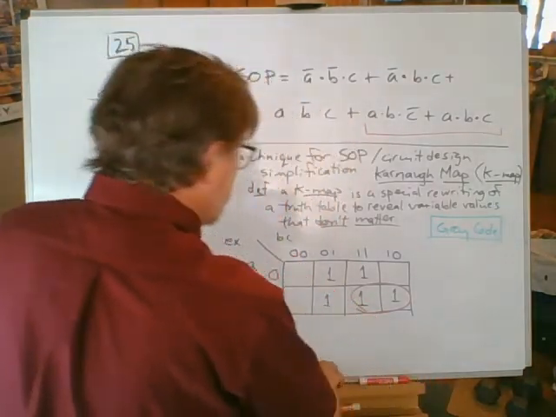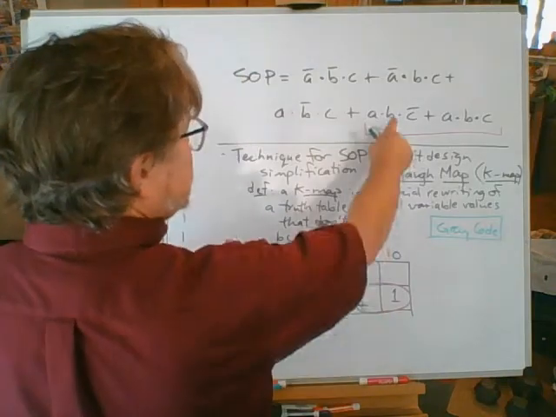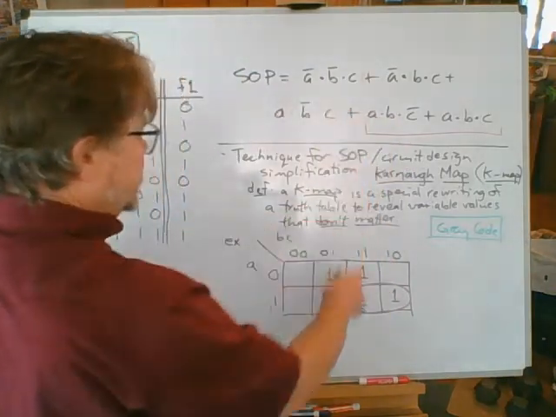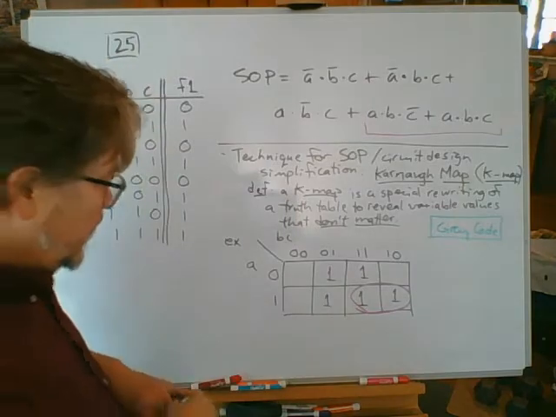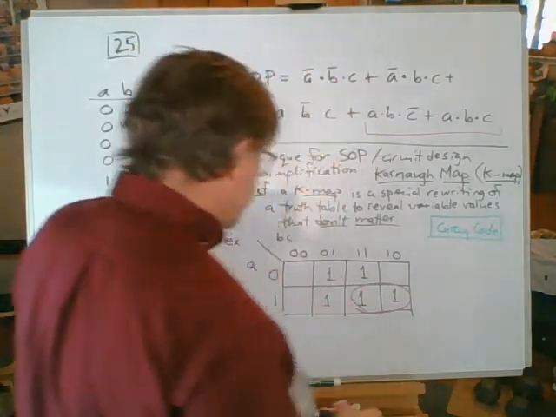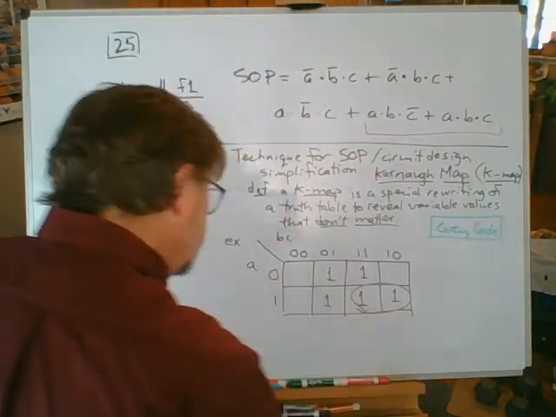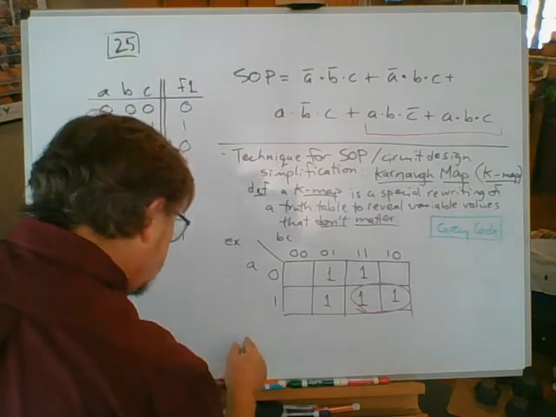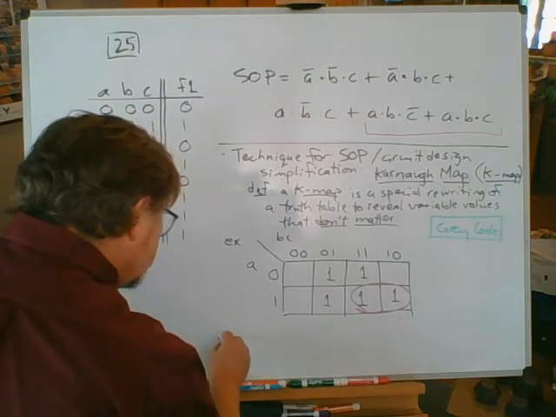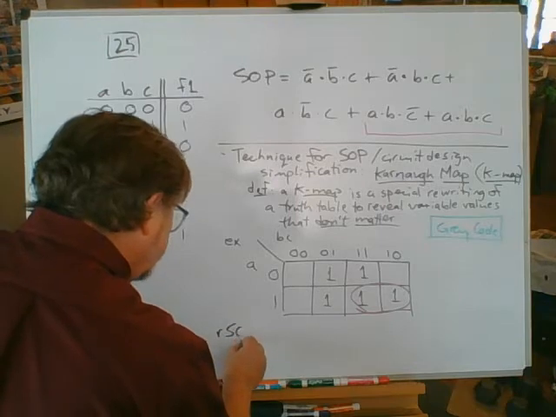Now, that one was actually fairly easy to map because those two are right next to each other in the SOP. They're next to each other down here. I'm going to just do this incrementally. You put a little R out front because this is not canonical anymore.